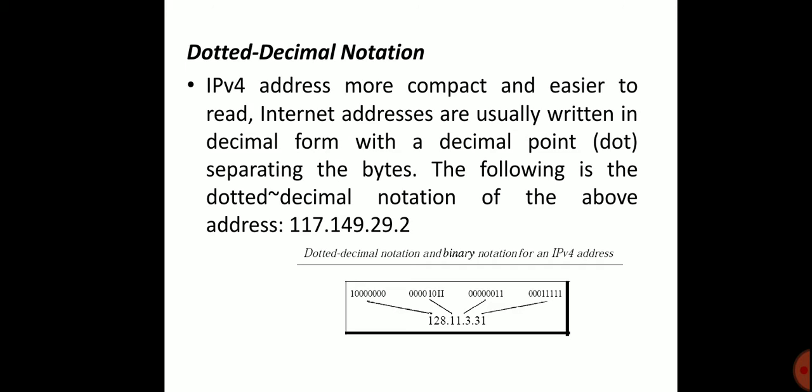We also see the address 128.11.31.31. So for each address we have the binary notation and the dotted decimal notation for IPv4 addresses.